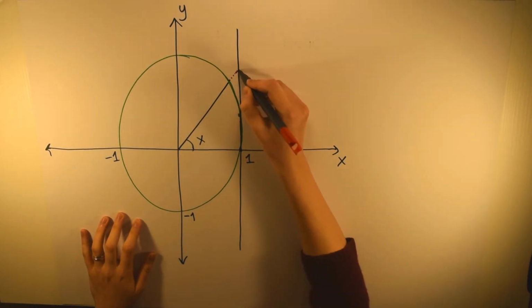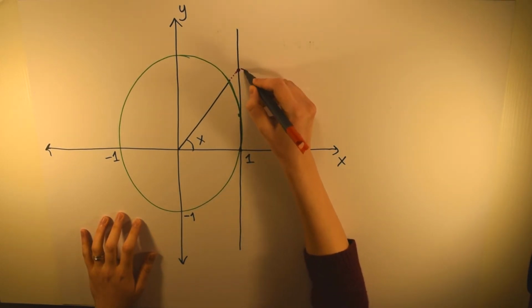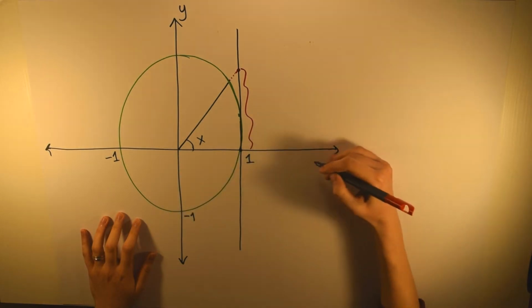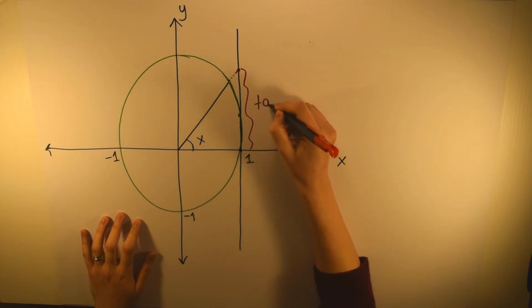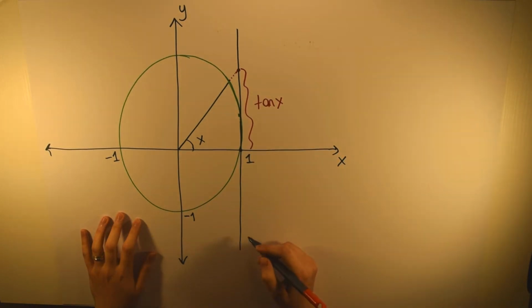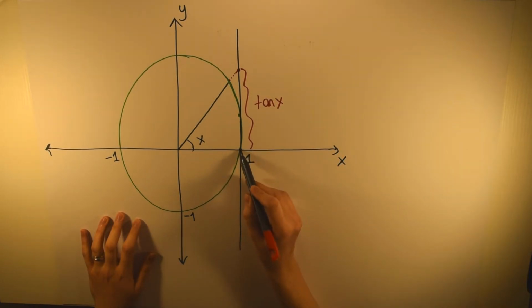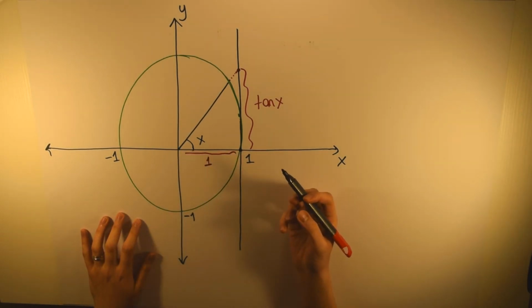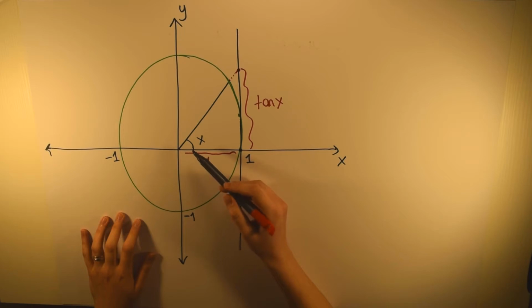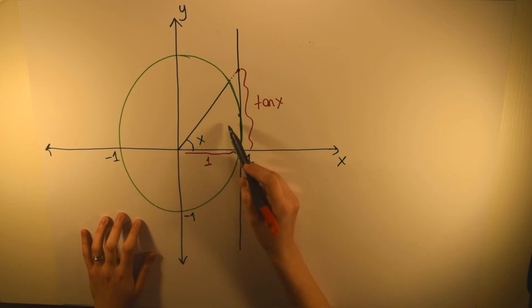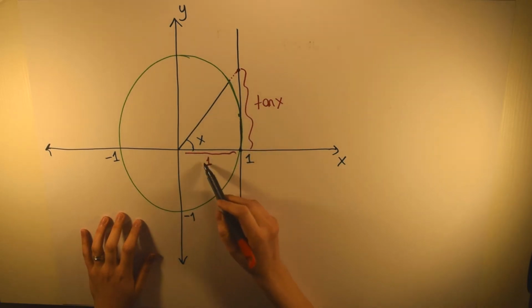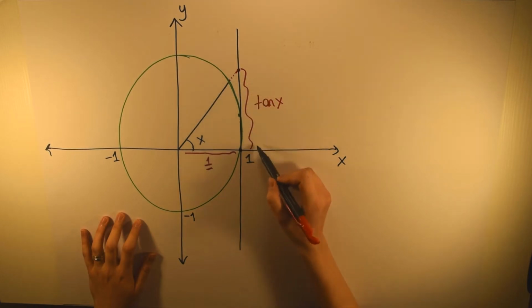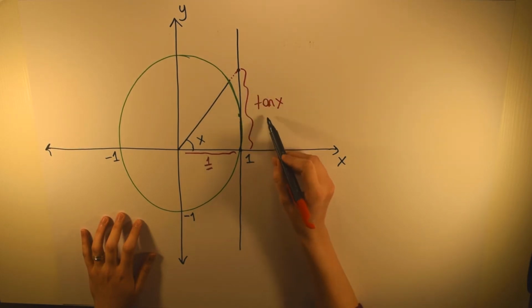From this point to the x-axis is your tangent x value. Why? Since this line touches at this point, this length is equal to 1 because our radius is equal to 1. Tangent is the opposite side over the adjacent side, so the opposite side is this length and the adjacent side is equal to 1. That's why this length becomes your tangent value.